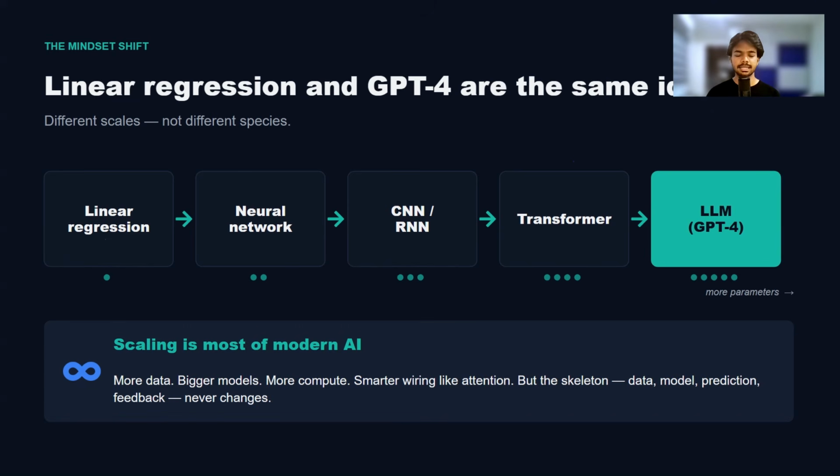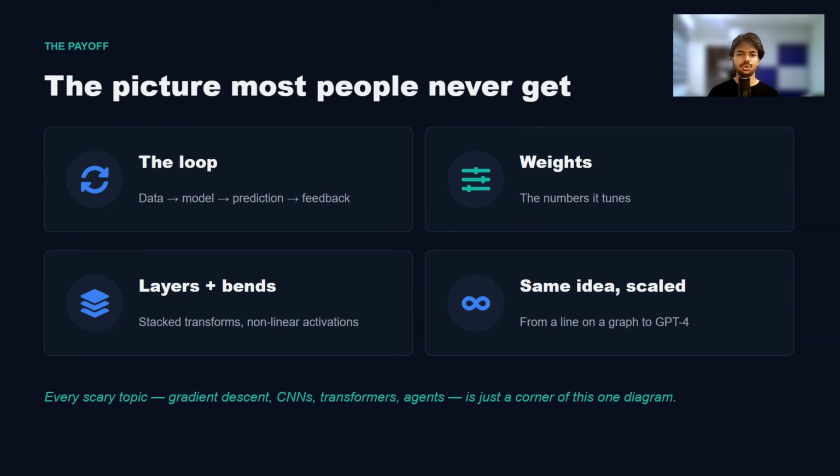That word, scaling, is most of modern AI. More data, bigger models, more compute, smarter architectures to use that compute well. But the skeleton, the backbone of things, the back end of things, they never really change. And that's the payoff. You now hold the thing most people never get: data, model, predictions, feedback. That's the loop.